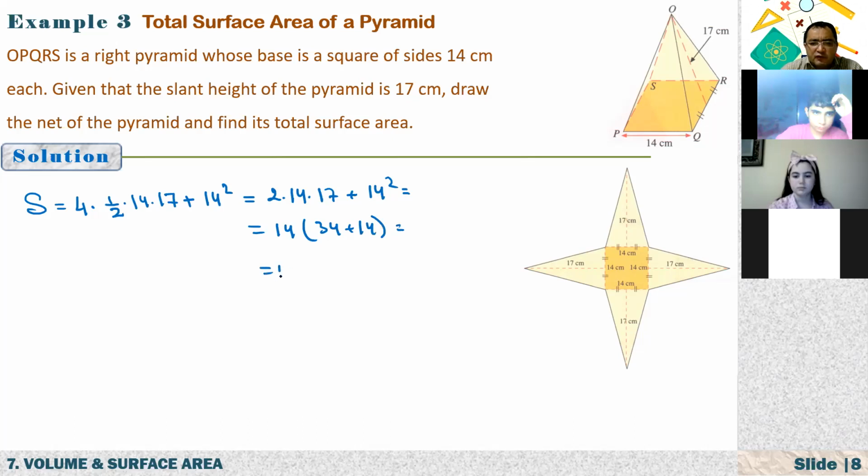So that's equal to 14 times 48. 10 times 48 is 480, so 14 times 48 is equal to 672 cm squared. So the total surface area of this pyramid is 672 square centimeters.